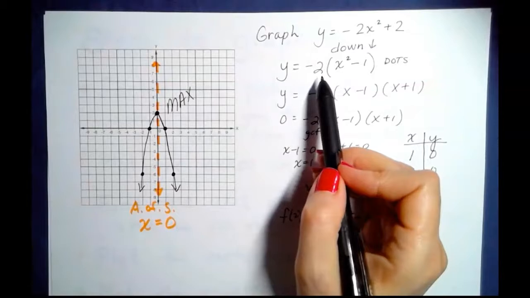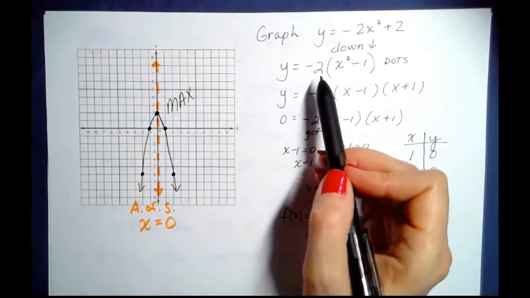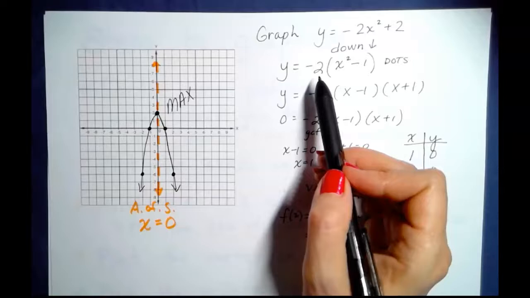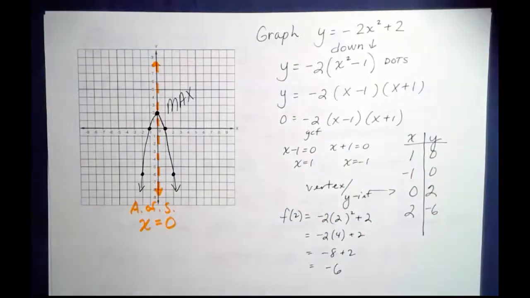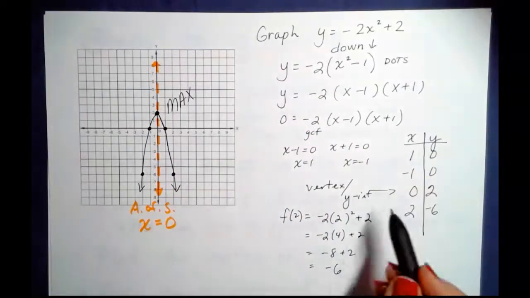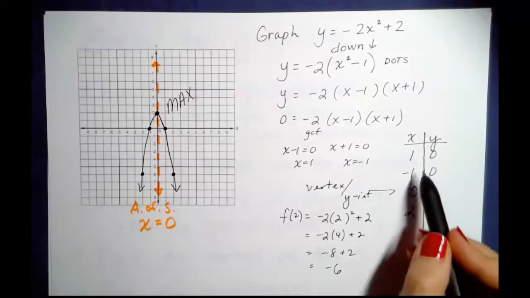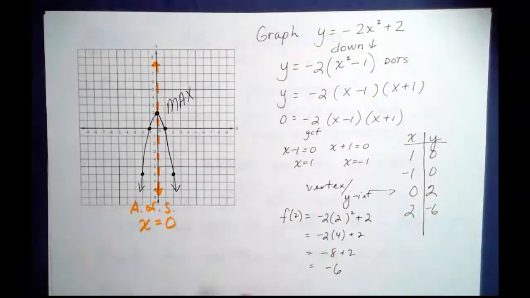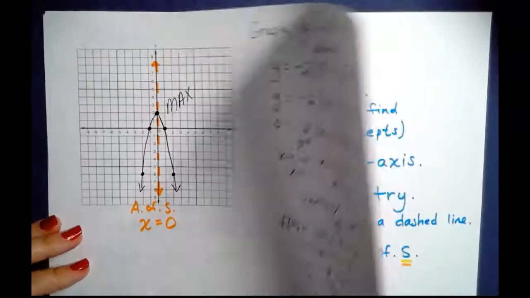The farther the leading coefficient gets away from 1, the taller and skinnier the parabola becomes. So, axis of symmetry, x equals 0. Vertex at 0, 2. X-intercepts, 1, 0, negative 1, 0. Those are all the critical points that we're looking for when we graph a parabola.